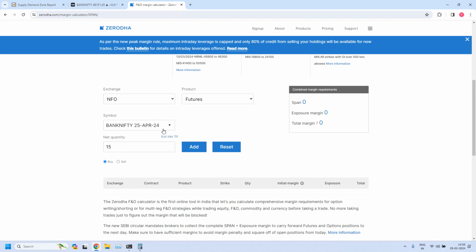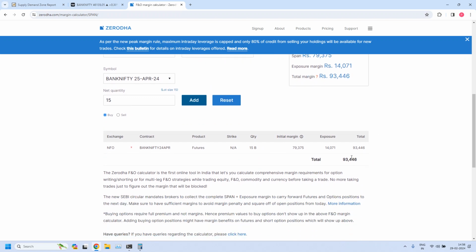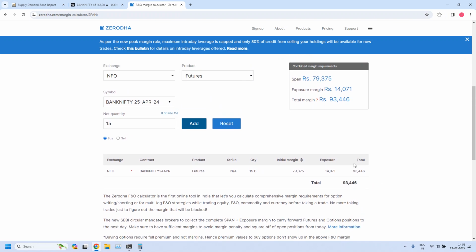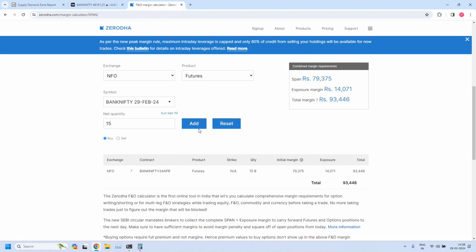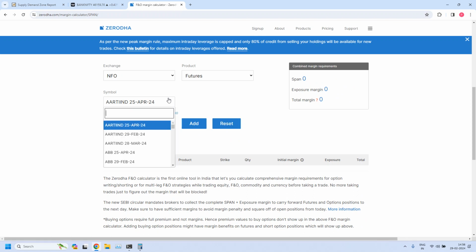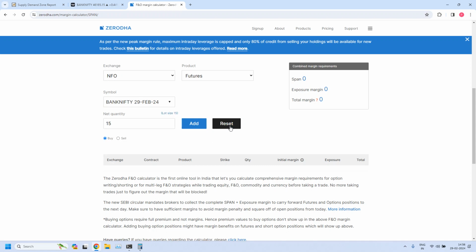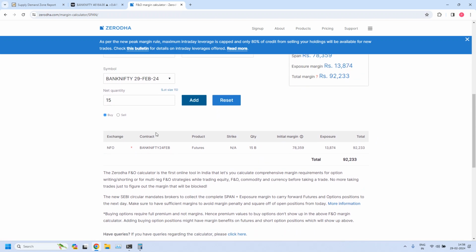Bank Nifty 93,446, this is the approximate value. This is April, right? We have to check February. Sorry. 92,233, the February.